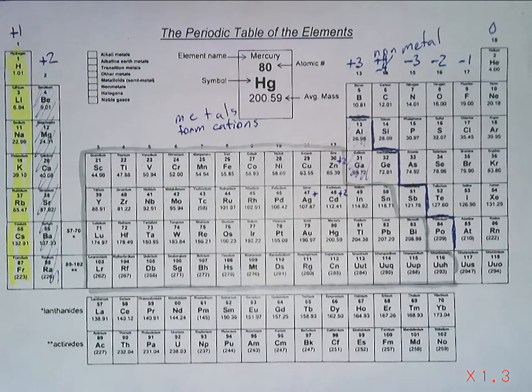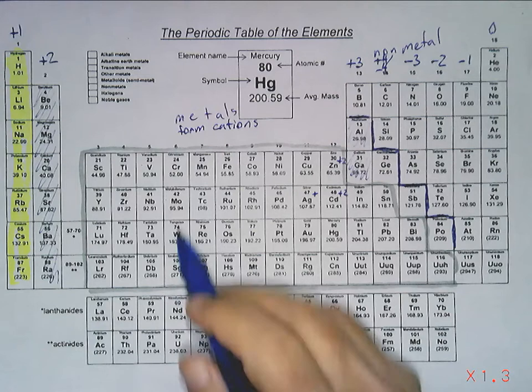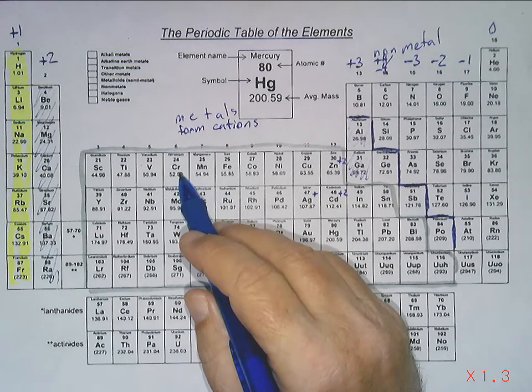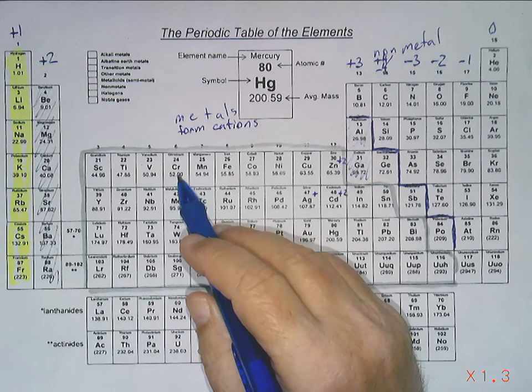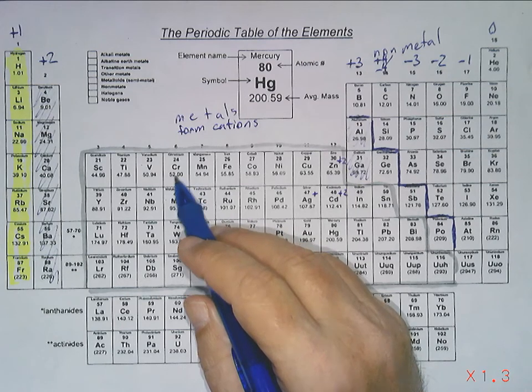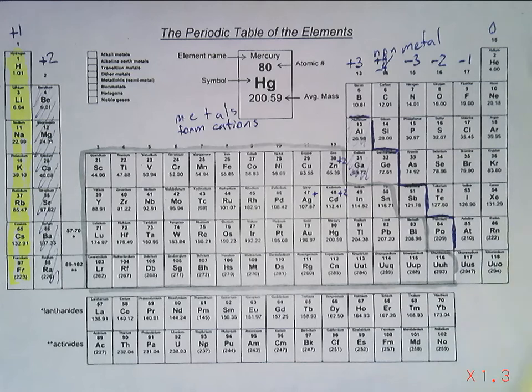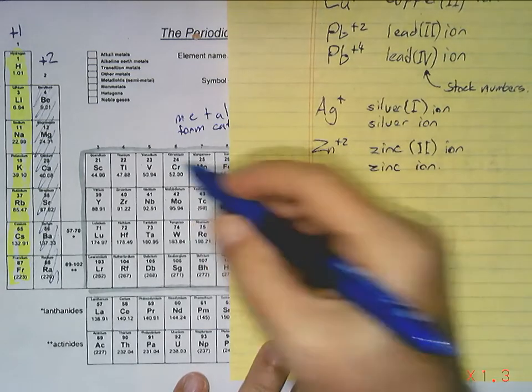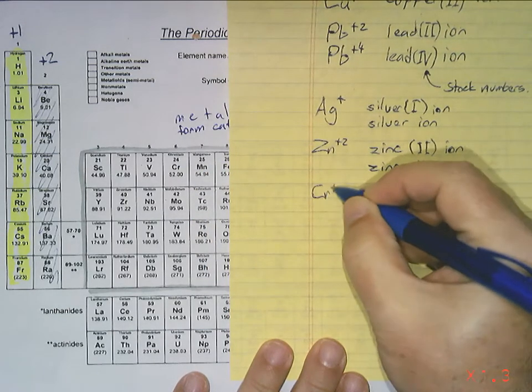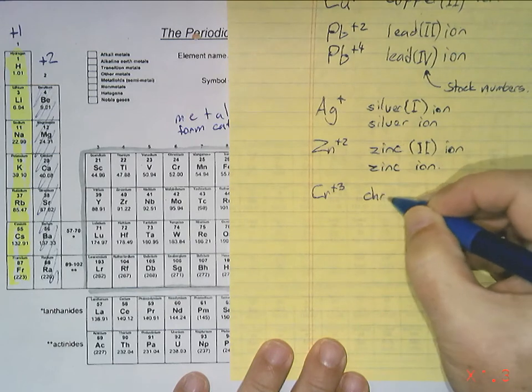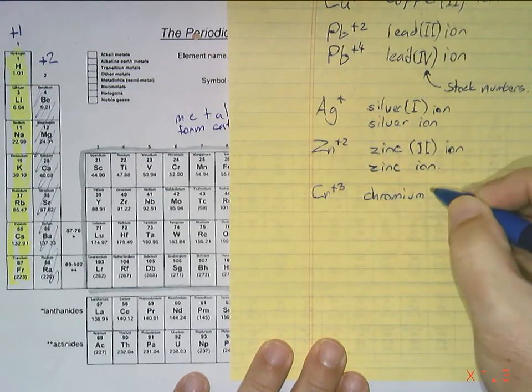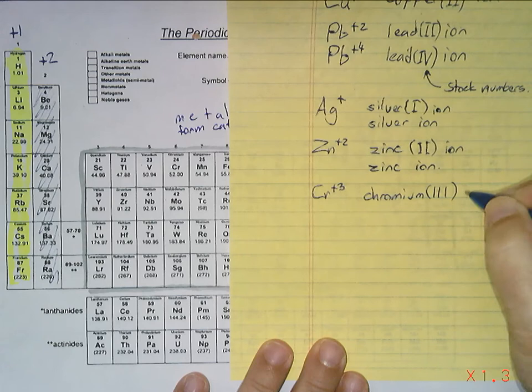What if I have a chromium +3 ion, Cr+3? Since it's a transition metal, I have to use a stock number. It would be chromium 3 ion.